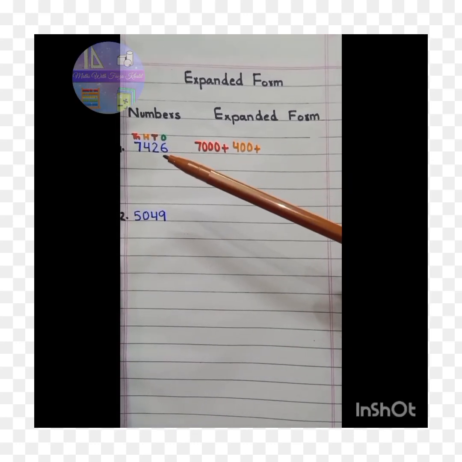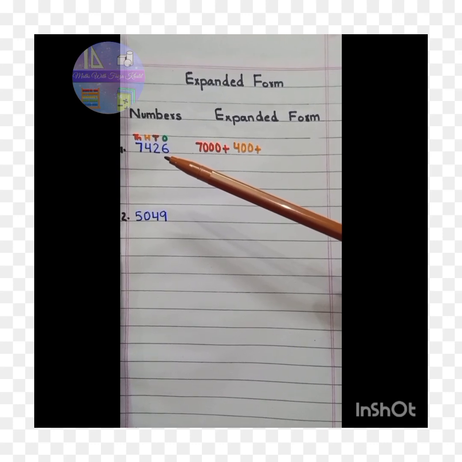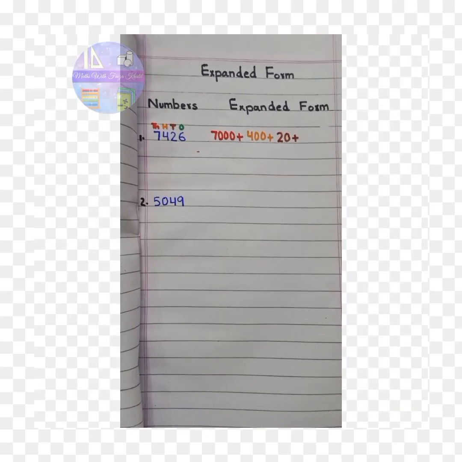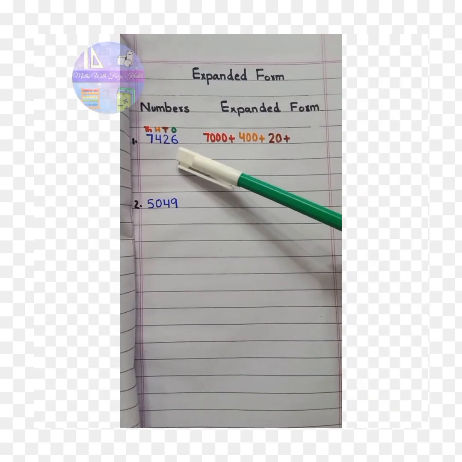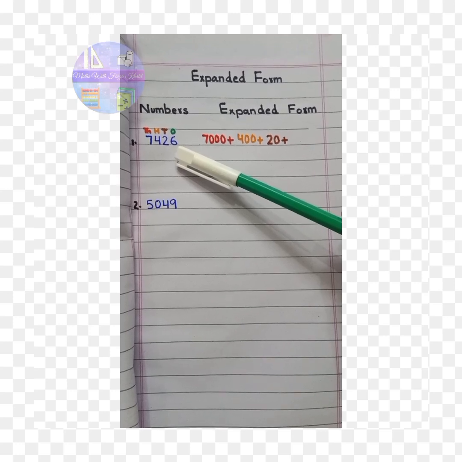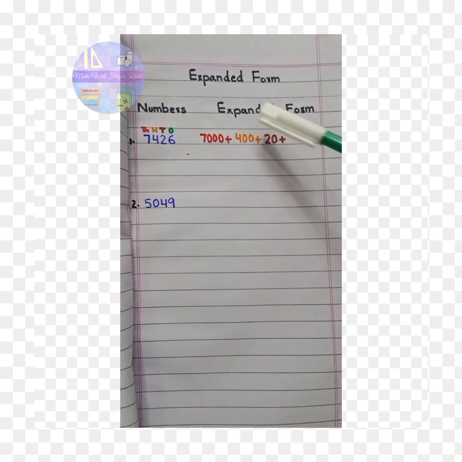Plus 2 is at tens place, so multiply 2 by 10 and write 20. Plus 6 is at ones place, so multiply 6 by 1 and write 6.